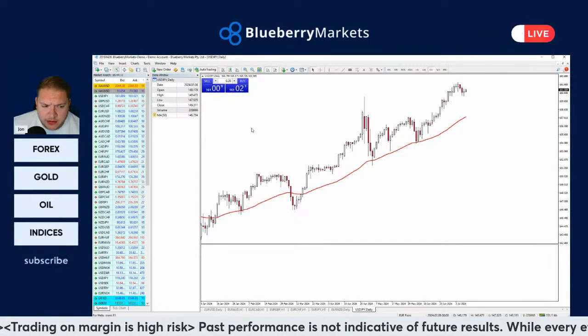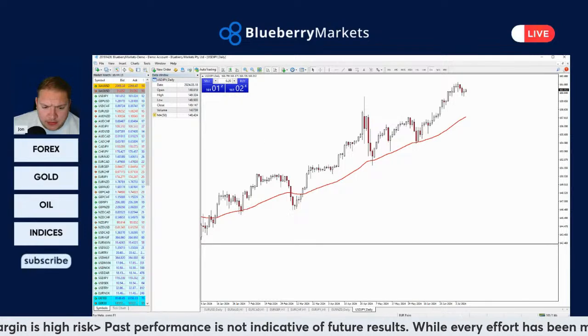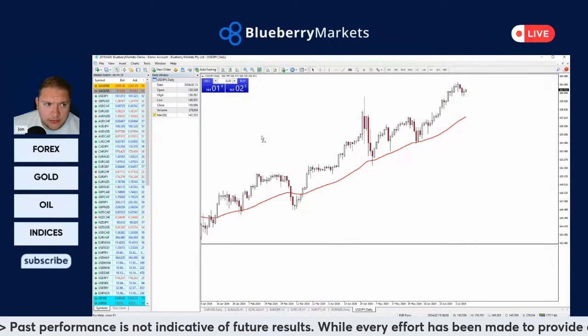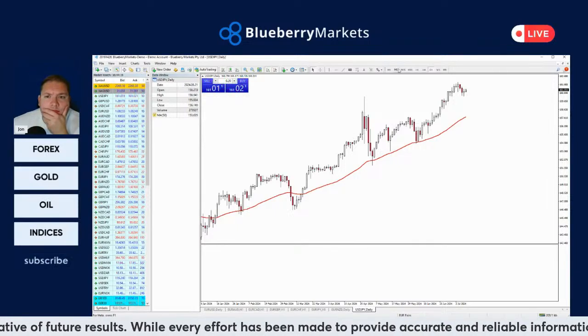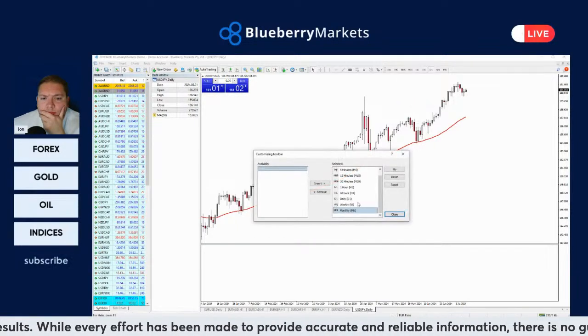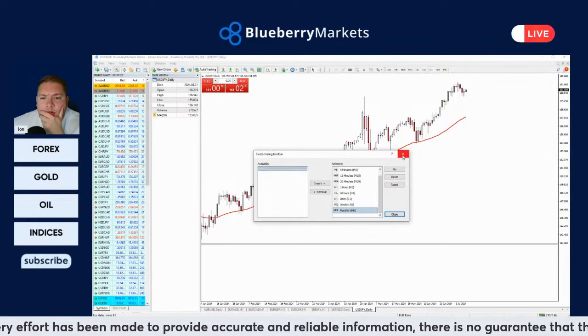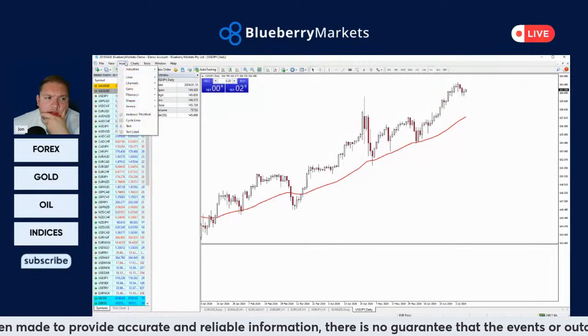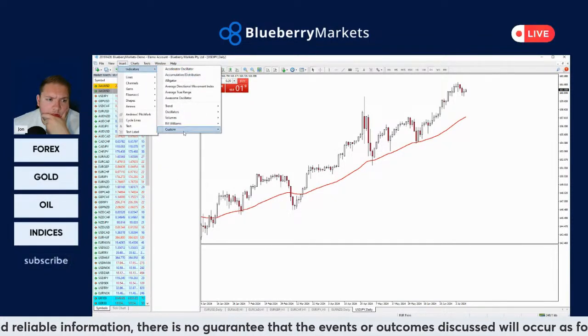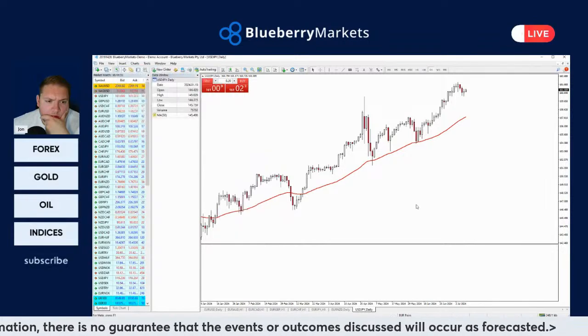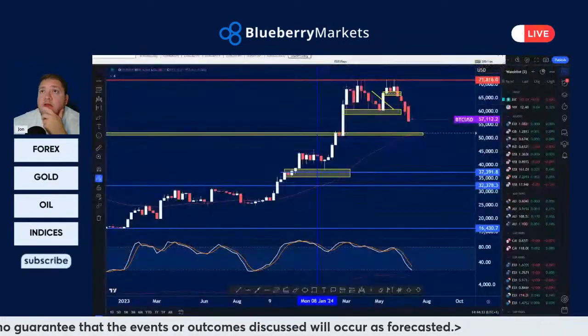This was not the MetaTrader I was using earlier. MT5 or MT4? No, it looks like MT4 to me. Let's see if it's here. No, that's MT4.